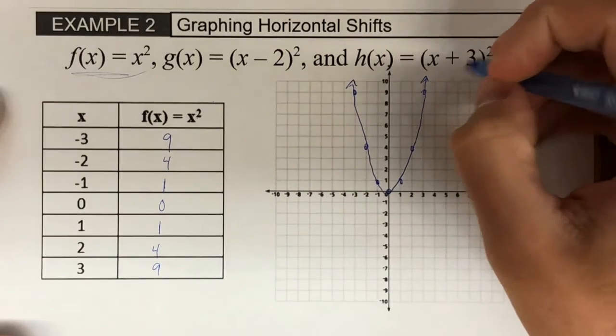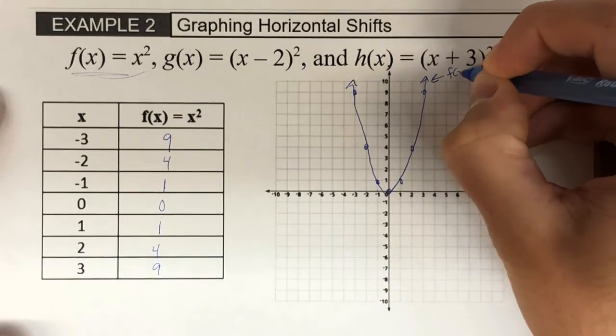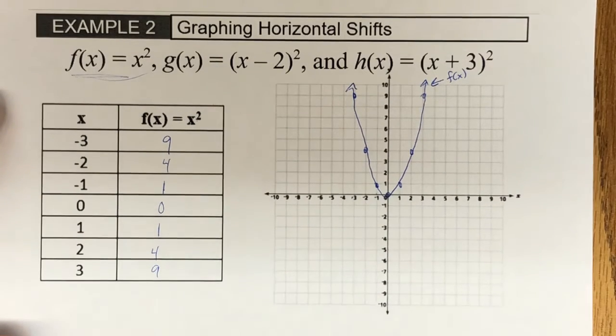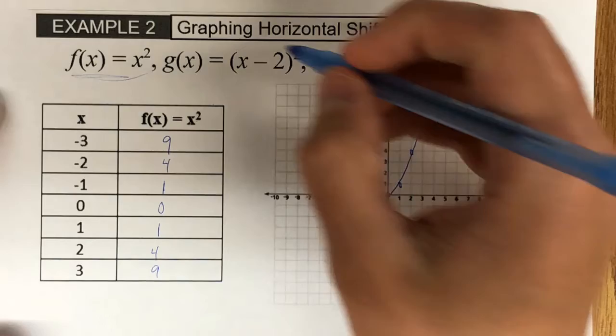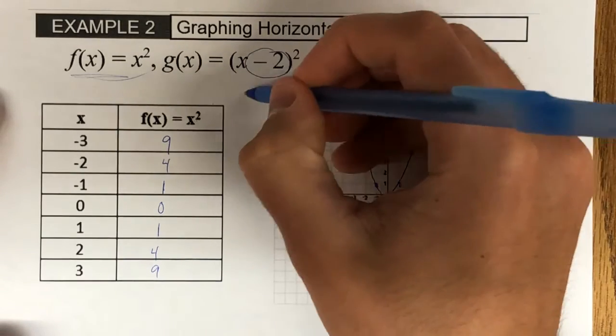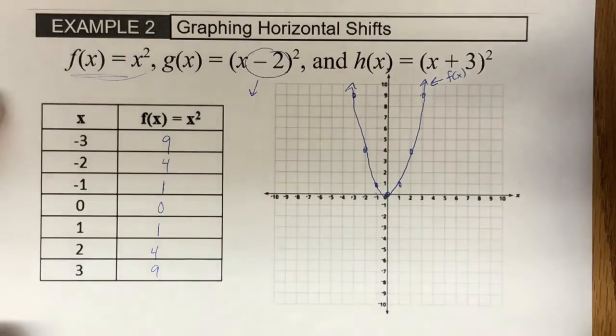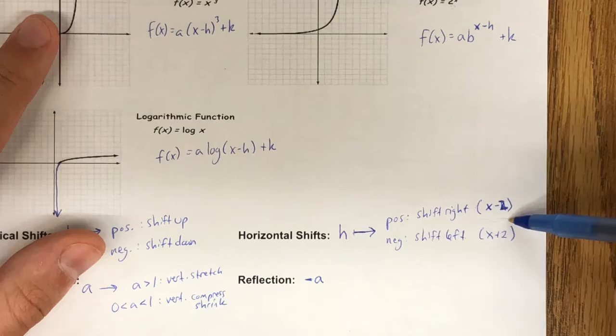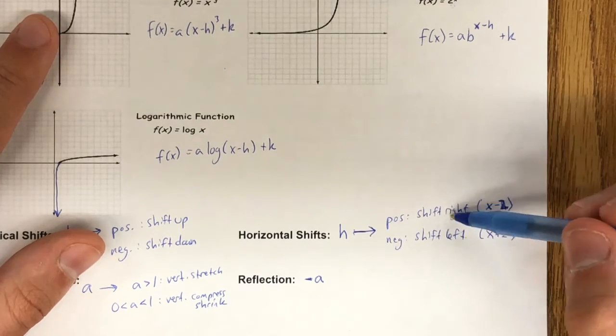There we go. So here we have f of x. Now we have two other functions that are happening with some shifts. So we are subtracting 2 on the inside. So remember, whenever you see subtraction on the inside, that refers to a positive h value, meaning you should shift to the right.